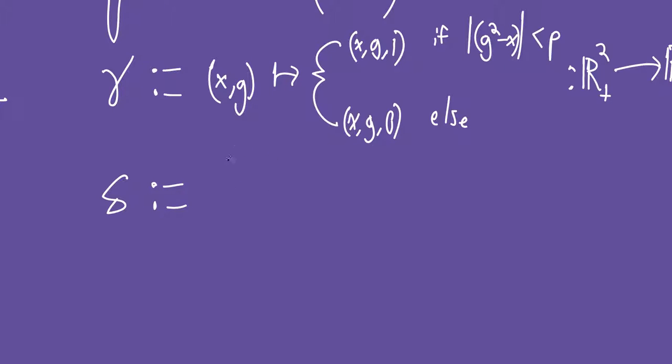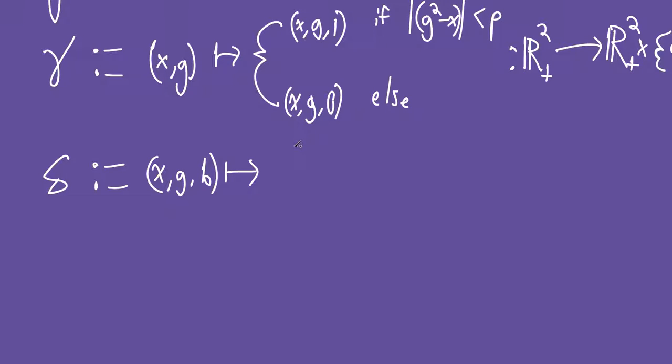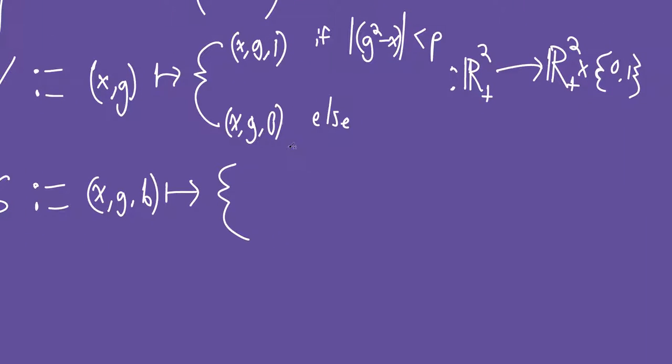Delta is a function mapping this 3-tuple xgb, mapping it to, again, conditional, where it just returns xg and we're done if b is set to 1, and what it does is it returns beta of xg else.